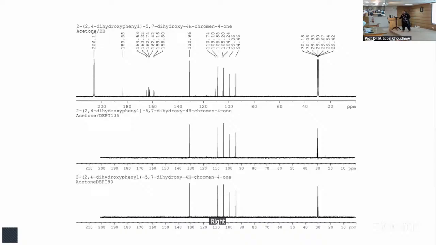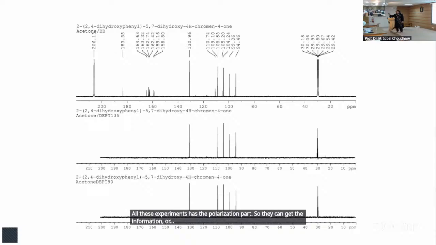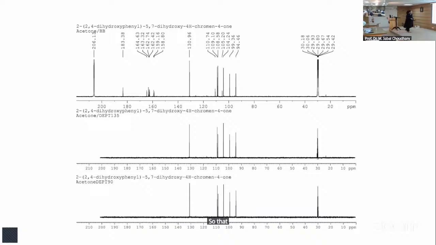Because it doesn't have a proton attached to it, there is no polarization transfer, because all these experiments have polarization transfer. So they get the polarization from the proton attached to it. Otherwise CH, CH2, CH3 have almost similar intensities, different in different molecules.